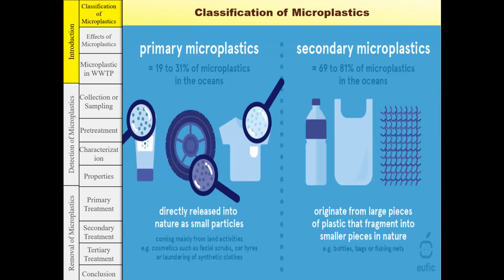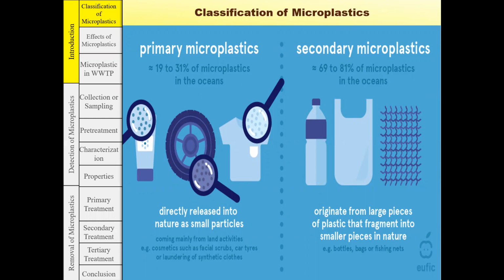Now come to the second type of microplastic, that is secondary microplastic. These are formed by erosion of large plastic debris through exposure to certain environmental factors such as water, wind, and sunlight.